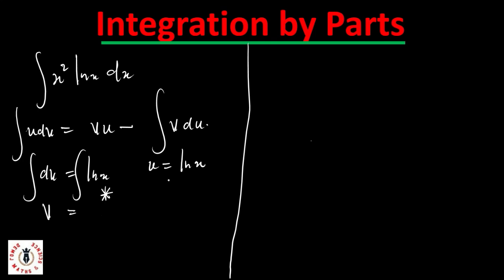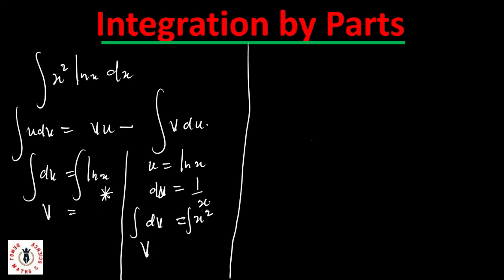If u is equal to ln x, obviously my du will be 1 over x. So I can now think of my dv to be the same thing as x squared. So if my dv is equal to x squared, then I can integrate both sides so that my v now will be the same thing as x raised to power 3 over 3.